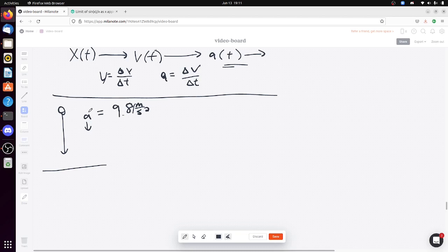So what we really want to do, we know how to go this way with derivatives to find the velocity. If we have a certain function x of t, then we know how to go forwards with derivatives to find the velocity, and then we know how to find the acceleration. But we really do not know how to go in reverse. And that's what we want to explore in this video.